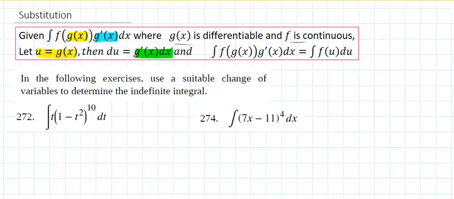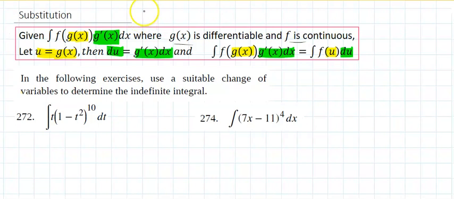And you notice that the integral simply becomes the integral of f of u, and g prime of x dx is simply your du. Oh, actually, I don't know why I used different colors. There it is. It was green. I thought it should be.